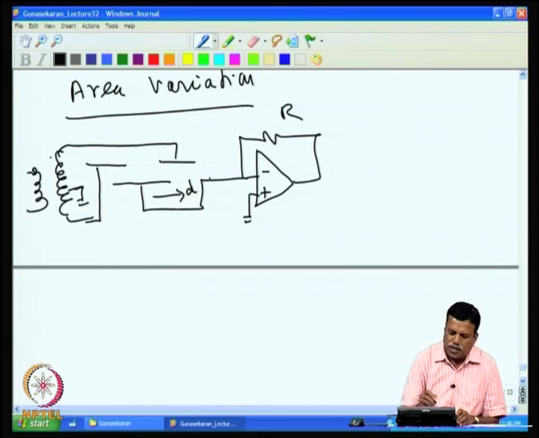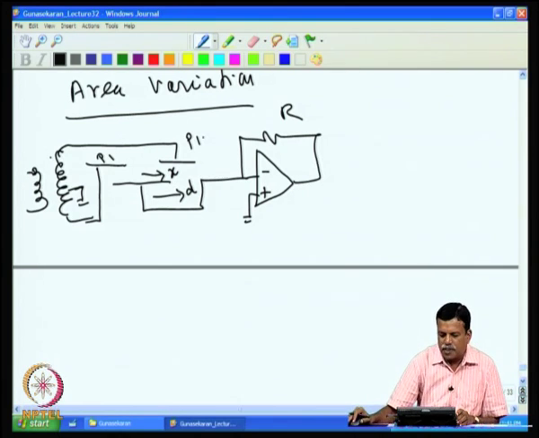So, when you move this plate, for example, if I move like this by x, then the area under this is coming down and the area under this is increasing. So, you have two plates P1 and P2.